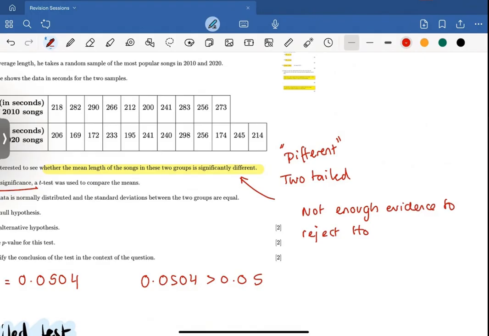So what does that mean in our context? Well, it means that the mean song lengths are not statistically different.